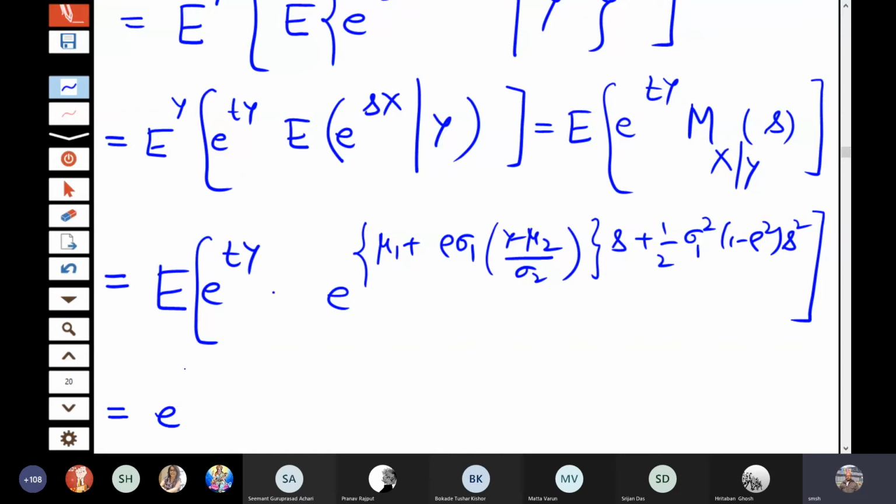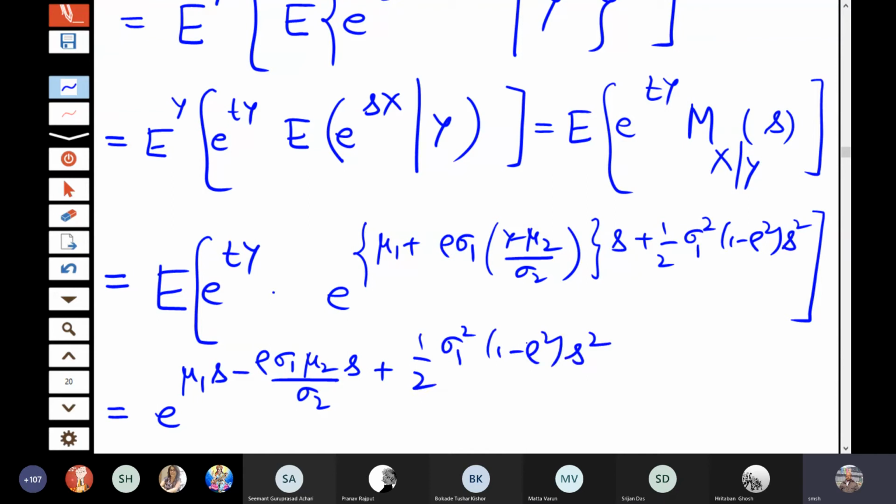So e to the power mu 1 s minus rho sigma 1 mu 2 by sigma 2 s plus half sigma 1 square 1 minus rho square s square, and then you are left with expectation of e to the power t plus rho sigma 1 by sigma 2 s into y.